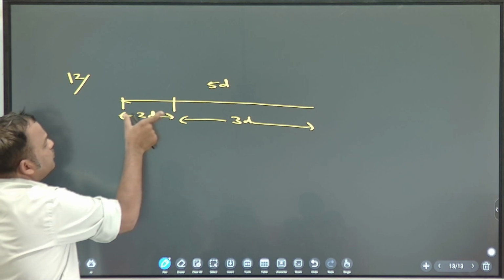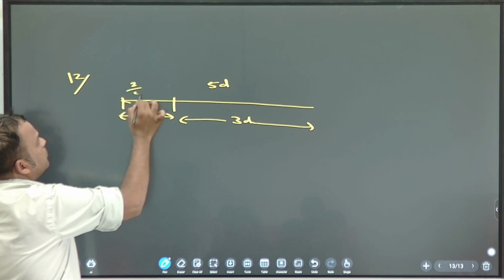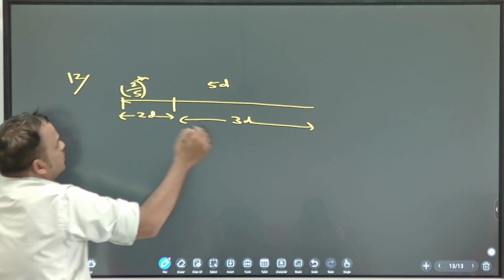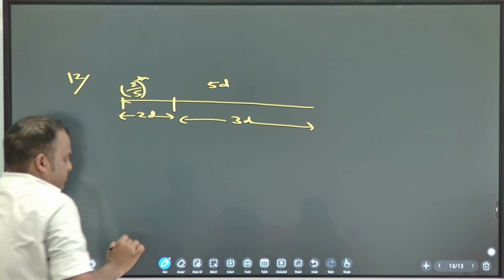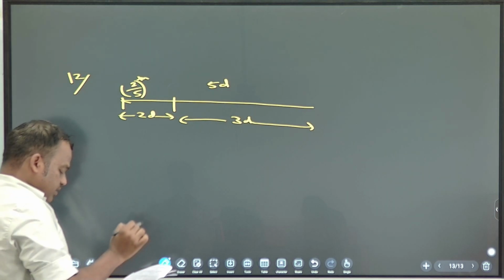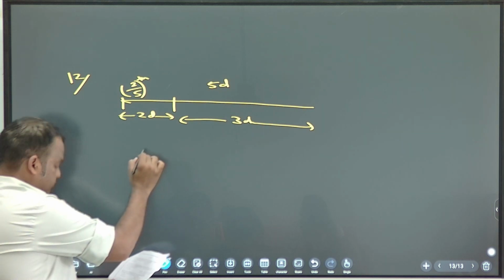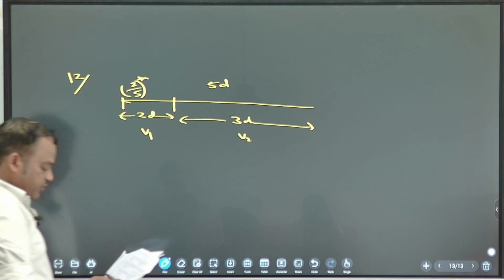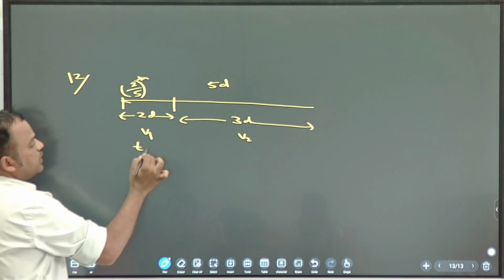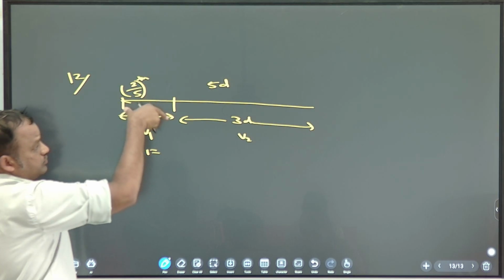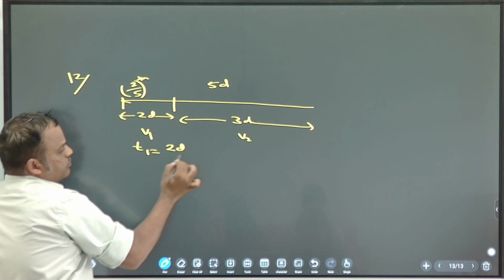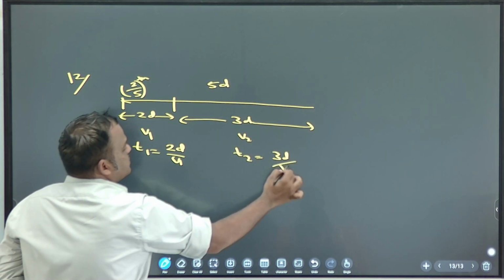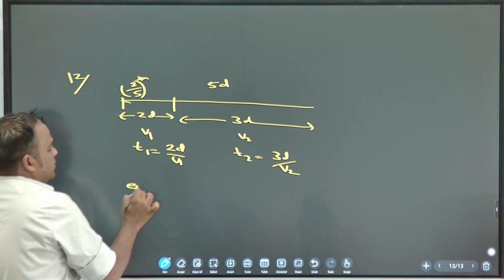The 2/5 distance is going with V1 and the remaining distance is going with V2. Now calculate time taken. What is time taken here? Distance by speed.